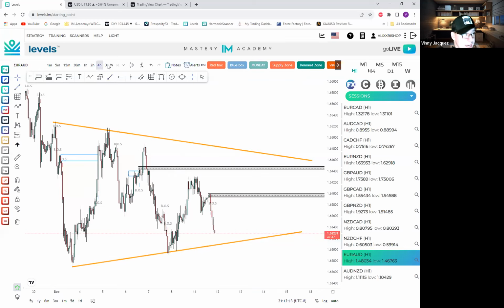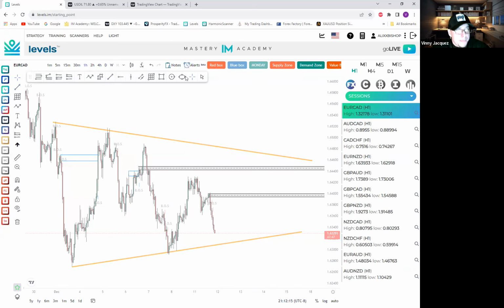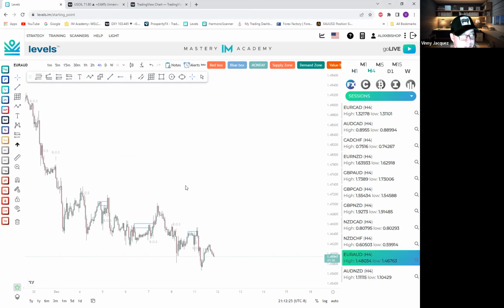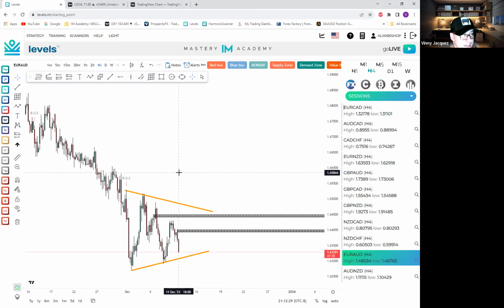Or we could jump up the time frame to see if we can find anything else. I'm not sure why Levels is doing that, but it's all good. Awesome, it stayed.